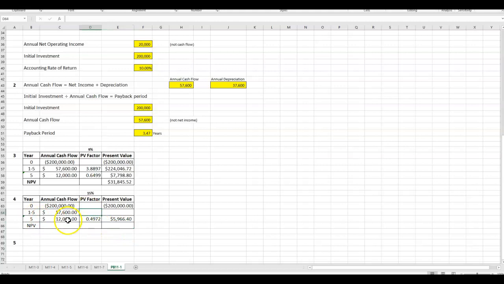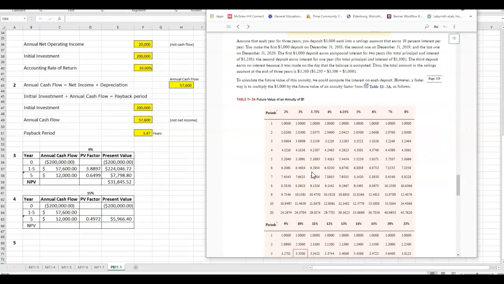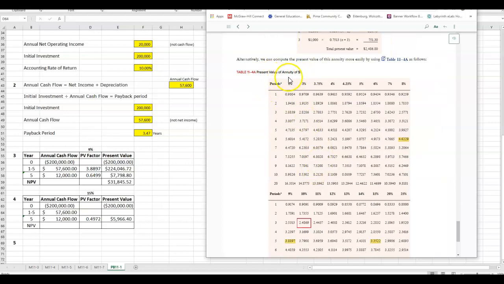Now let's do this one. This is an annuity because it's $57,600 each year for 5 years. So at 15%, we need to go to the present value of an annuity table, which means a series of payments.